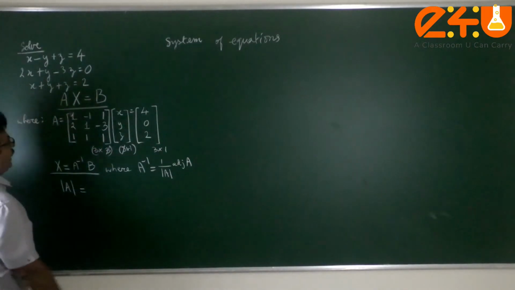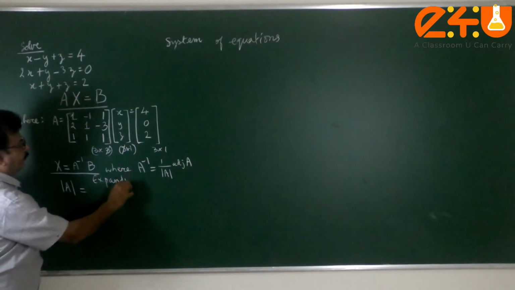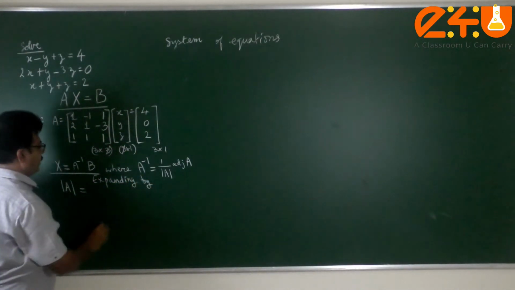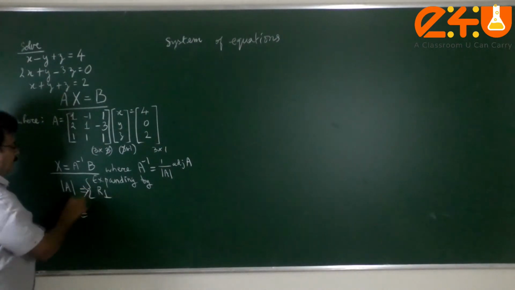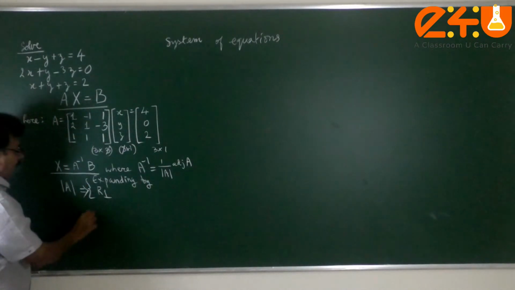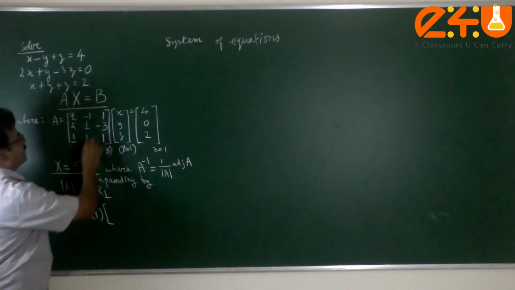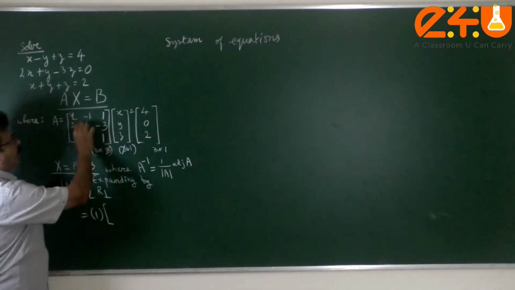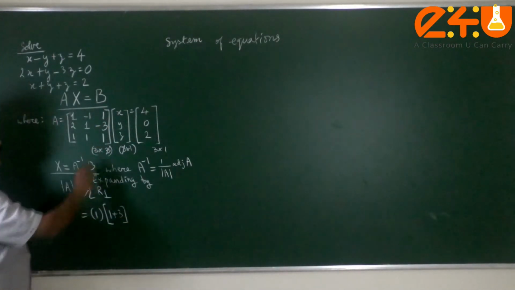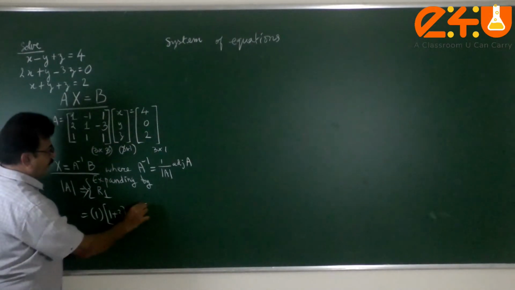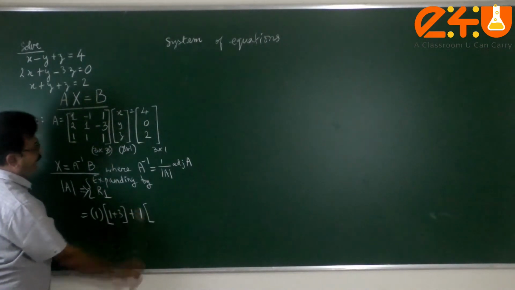So from the matrix A, expanding by row 1, I can say the method you are using is expanding by row 1. So we get the first element 1 followed by its cofactor. What is the cofactor? The diagonal multiplication 1 minus of minus 3, so it is 1 plus 3. Then followed by the cofactor negative 1, so plus 1.